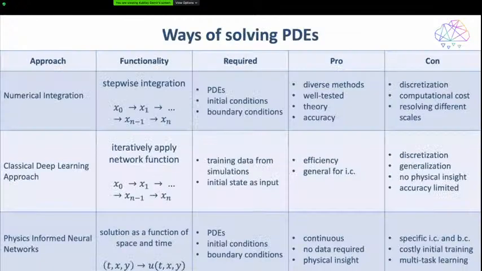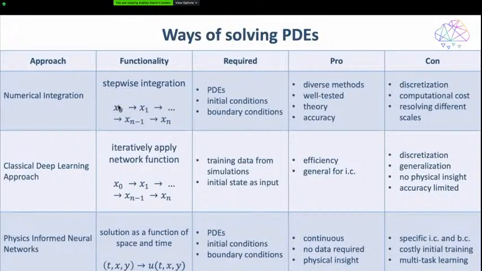So let's look into the different ways of solving partial differential equations. Up to now, numerical integration, especially in fluid dynamics, is still the go-to approach, the state-of-the-art approach, to solve partial differential equations. The way it works is that we start from some initial state, x0, which is our initial condition, and then we integrate the partial differential equations in discrete time steps to the time step we want.